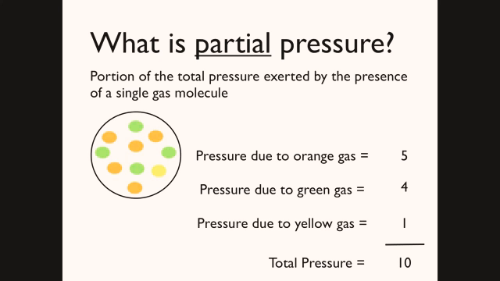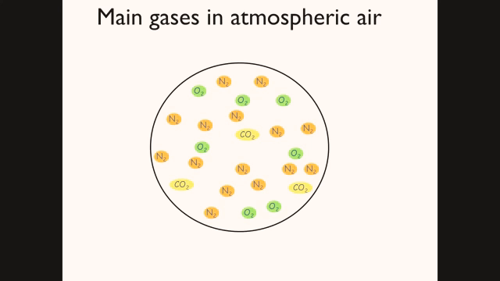Now let's use the example of the air that we breathe. So in the air we breathe, there's a mixture of gases. There's nitrogen, oxygen, and carbon dioxide, all present in different proportions. And they're each going to contribute to the total atmospheric pressure.